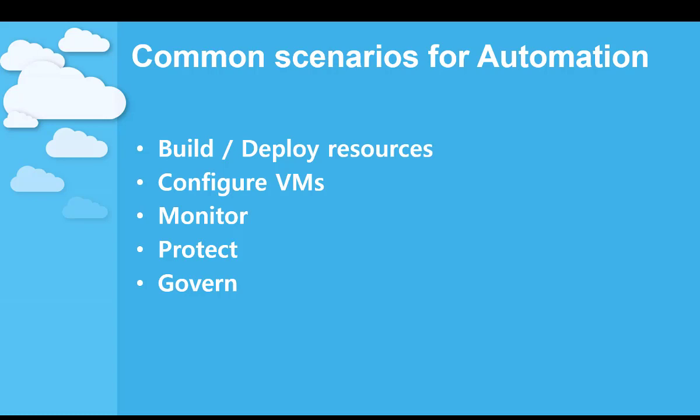We'll be able also to govern by setting up role-based access control for teams and recover unused resources. We'll be able also to save money by reducing consumption and by stopping and starting VMs at the right time.